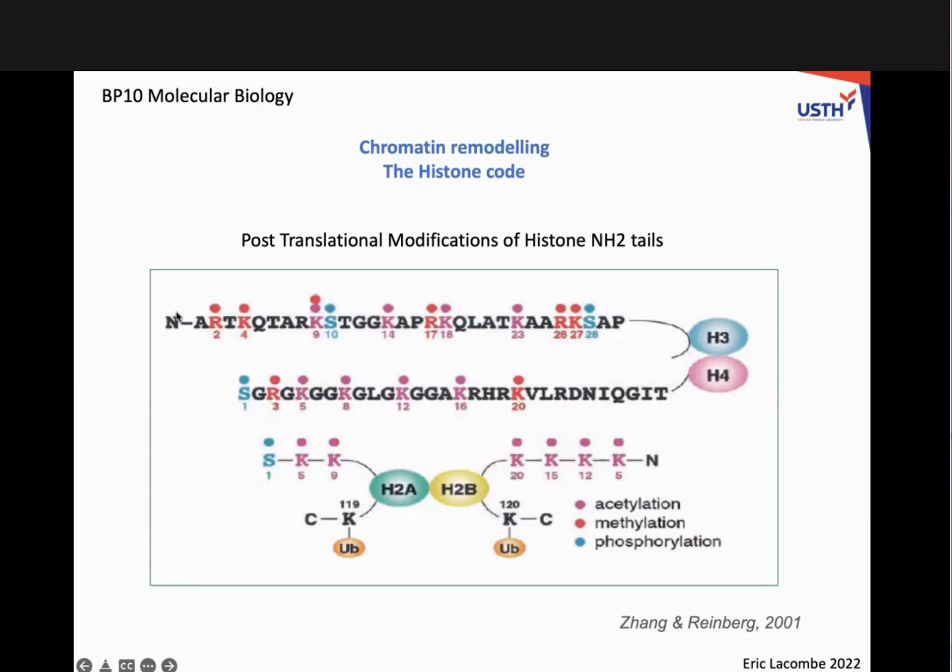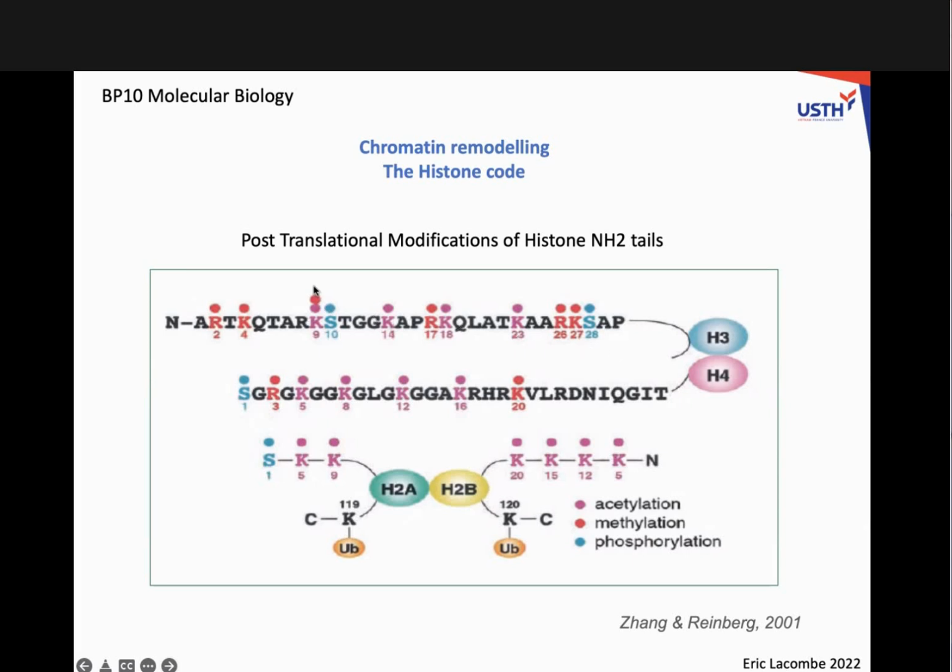Every type of modification can happen on one specific amino acid. Here there is a kind of map of the possible post-translational modifications of the different NH2 tails of the histones.